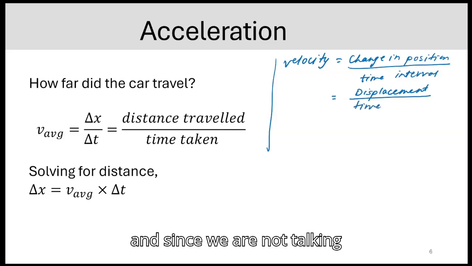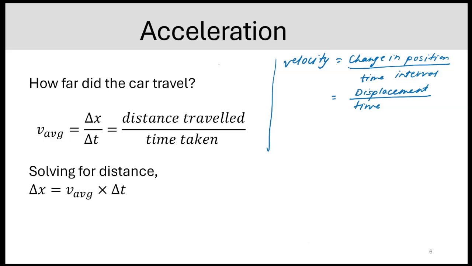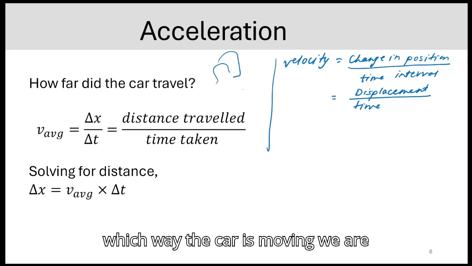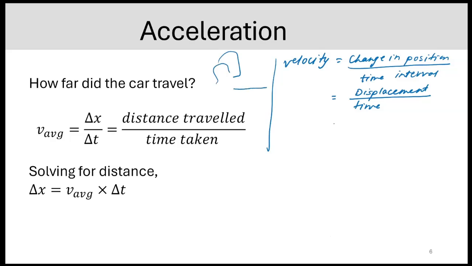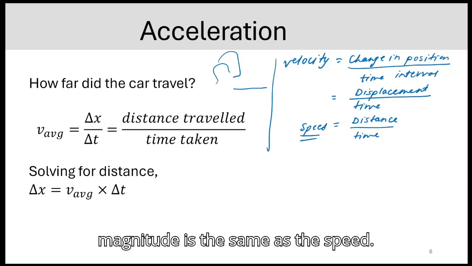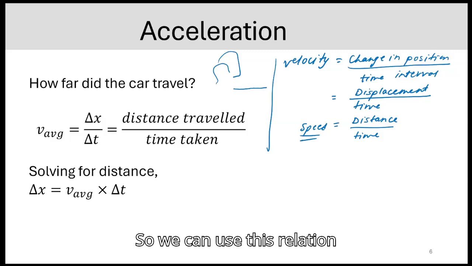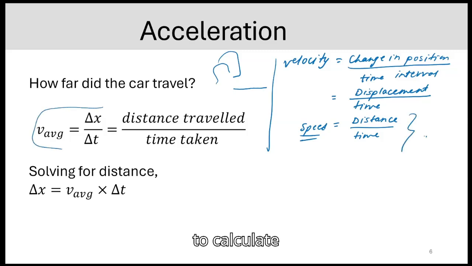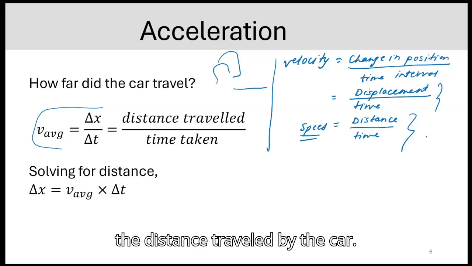And since we are not talking about the path, like which way the car is moving, we are considering a straight line. We can also say this is distance over time, and if we don't represent the velocity direction, we can say the magnitude is the same as the speed. So we can use this relation to calculate the distance traveled by the car.